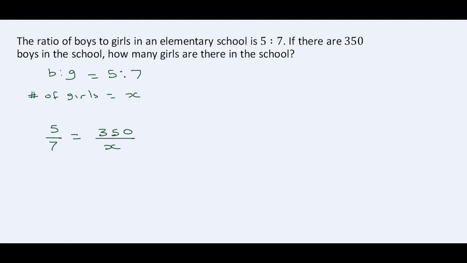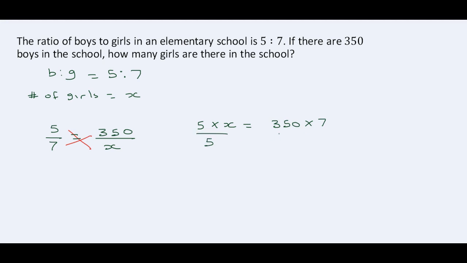Now I'm going to use the cross product method here. So we have a cross product. So what that means to us is 5 multiplied by x is equal to 350 multiplied by 7.